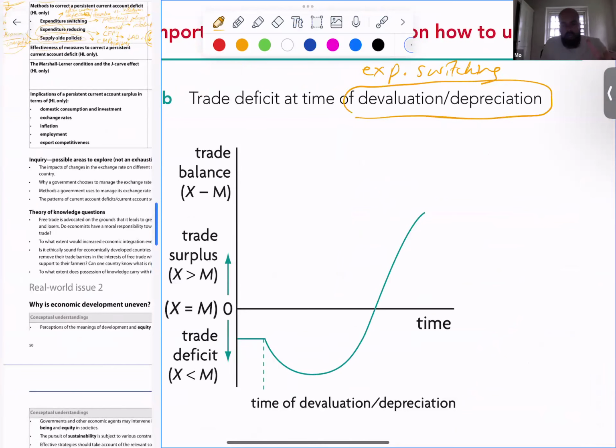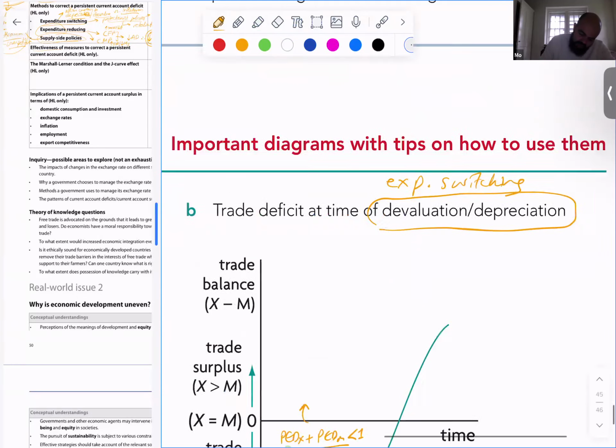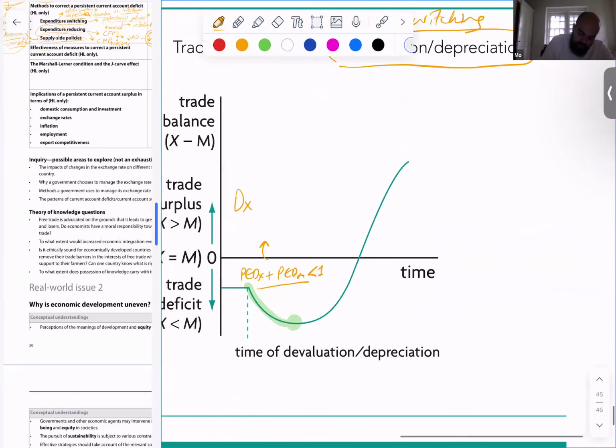You'll notice that when you devalue or depreciate your currency, the trade deficit actually gets worse for a period of time. This is because in the short run, PEDX plus PEDM is less than 1. That means the demand for exports is inelastic and the demand for imports is also inelastic.